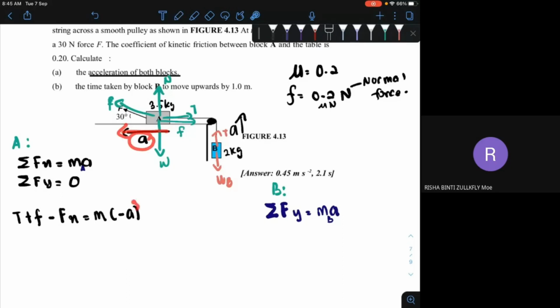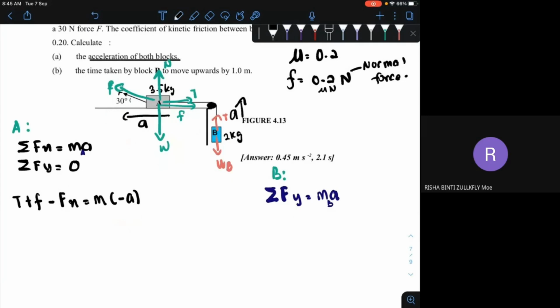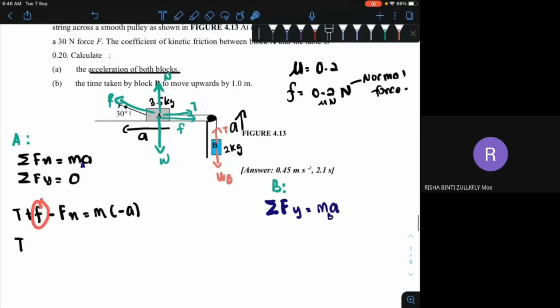Alright, so ini jadi negative here. You have tension, you have friction on the right, and then you have external force along X component on the left here. Okay, nilai friction dan tension memang kita tak tahu. So tension biar dia sebagai tension. However, friction given to us mu.